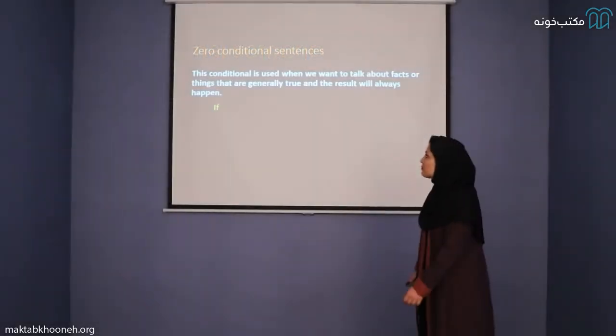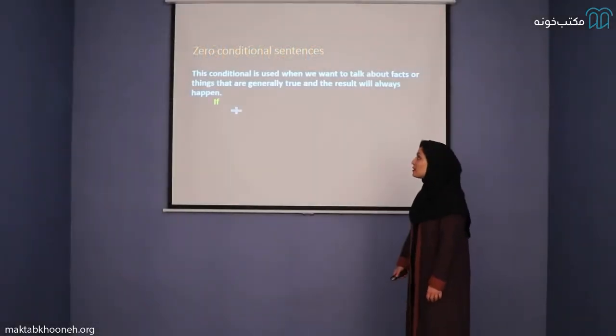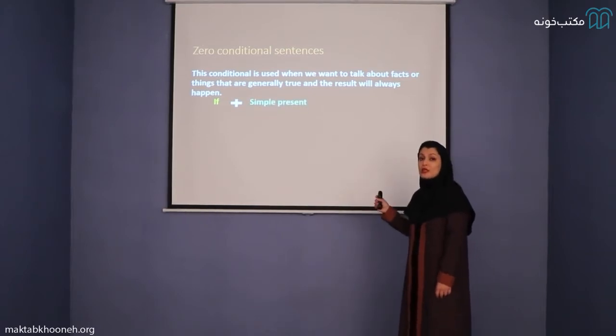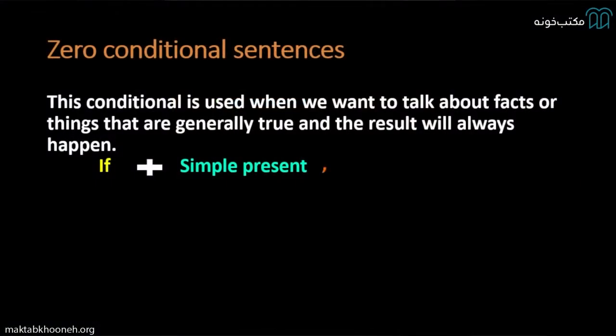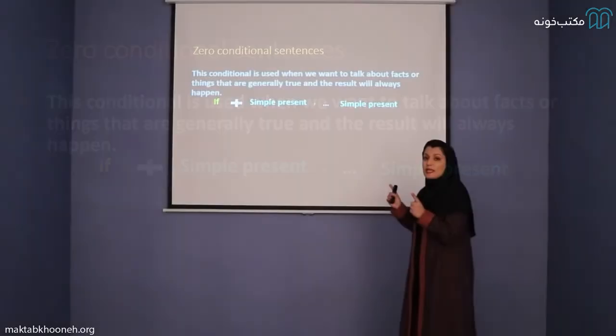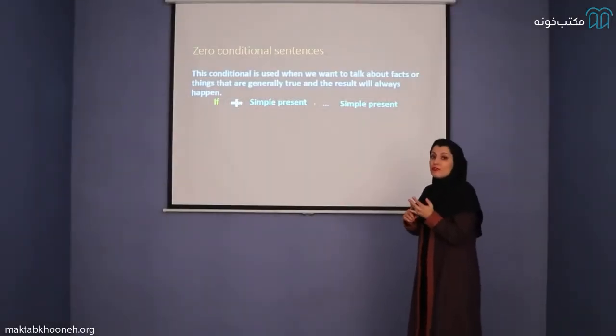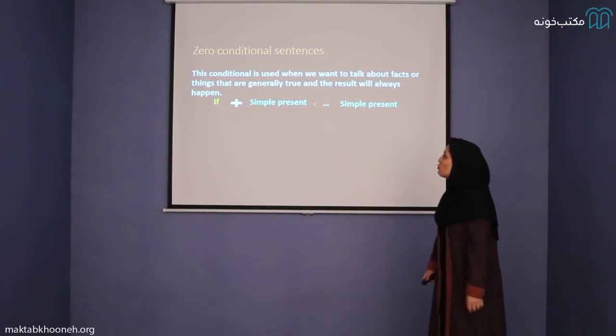If we have the if clause plus the simple present, we have the subject and the main verb in simple present. Then we have the comma and the main clause. Again, we have a subject and a verb in simple present form.